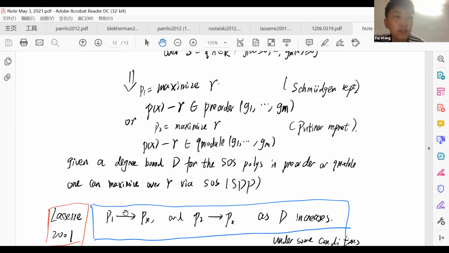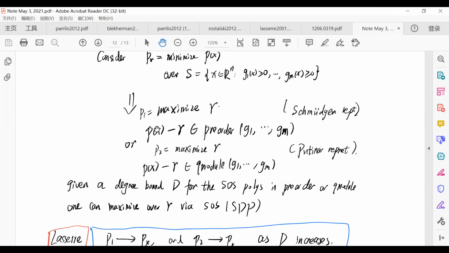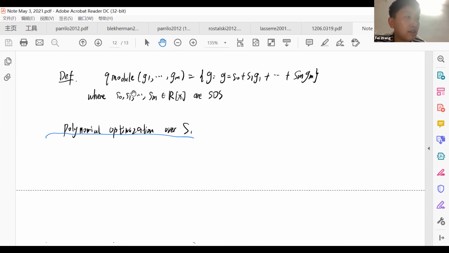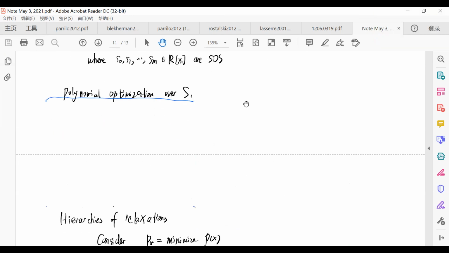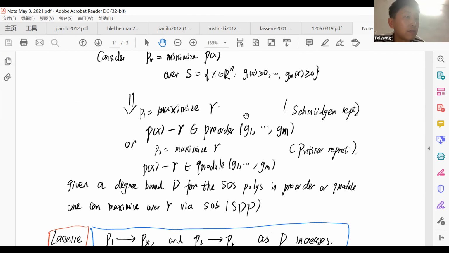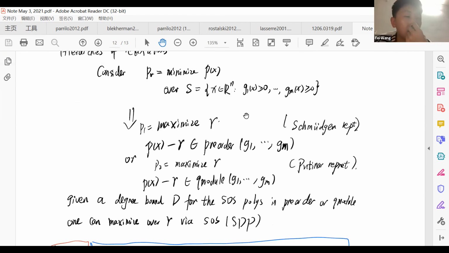So the degree for the sum of squares, in this preorder or the quadratic module, there is this sum of squares. Of course, if we don't have the degree bound, then this is equivalent. But in practice, we can only solve it for a given degree bound.